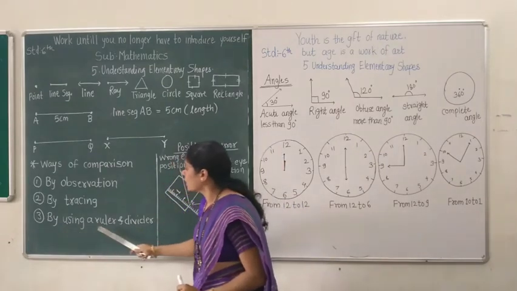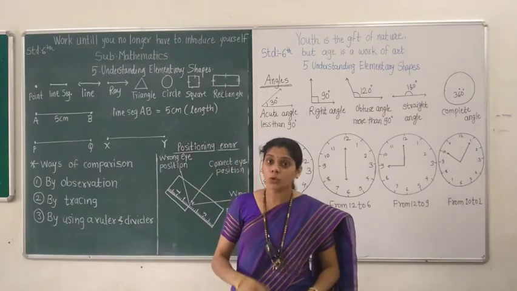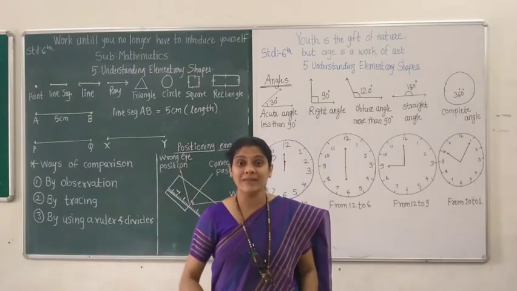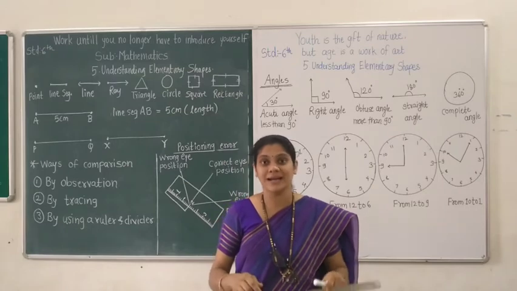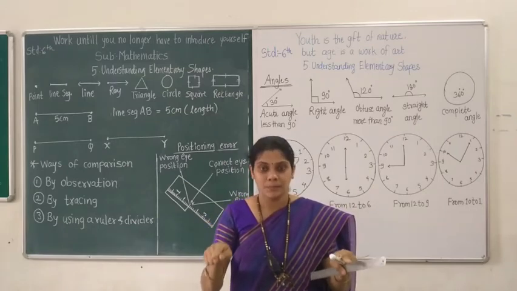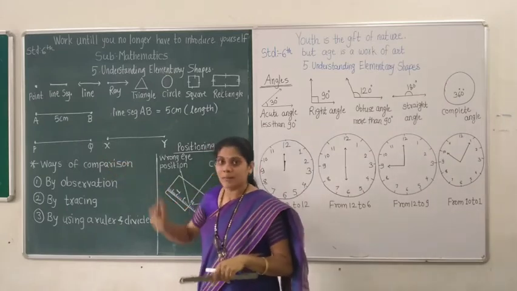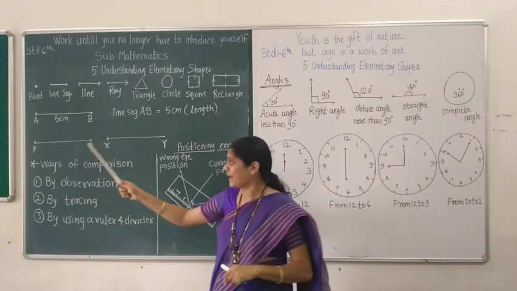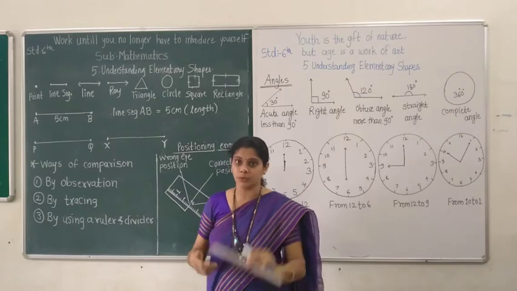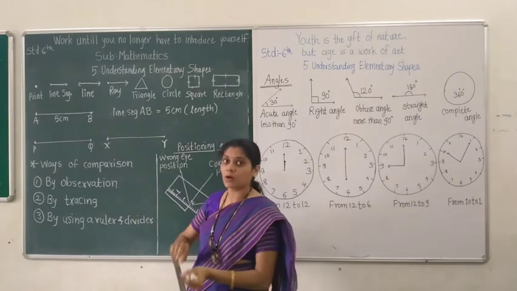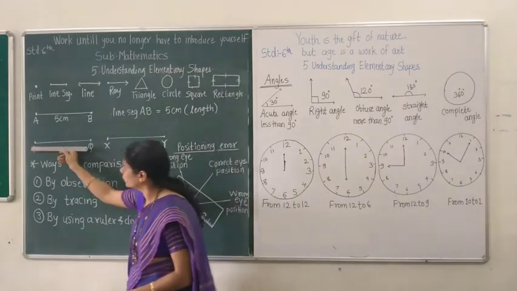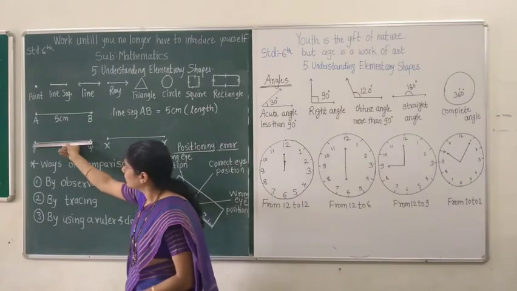Next, by using a ruler and divider. You know that in our compass box there is a compass and a divider having two metallic points. With the help of these two metallic points, you can easily measure these line segments with the help of a ruler. If I place a ruler on segment PQ, you can see this.